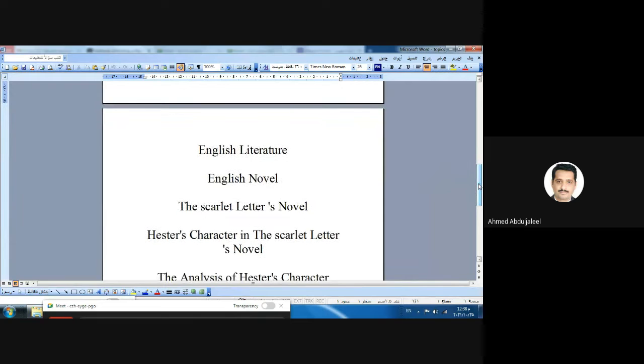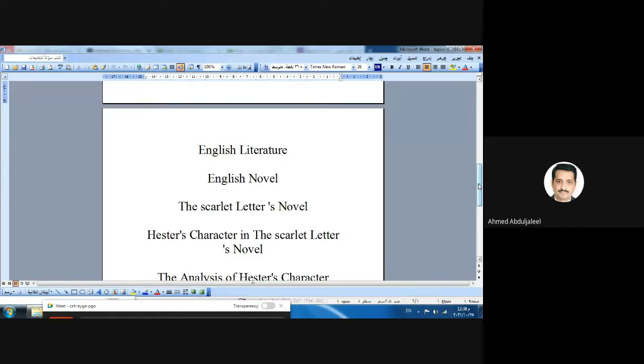How many novels are there in English? So many. So I have to select one novel to talk about, and then we have The Scarlet Letter. I don't know whether you have an idea about it, or you started having it in your study, or it's still the second course that you are going to take. So we are going to select one novel, The Scarlet Letter.